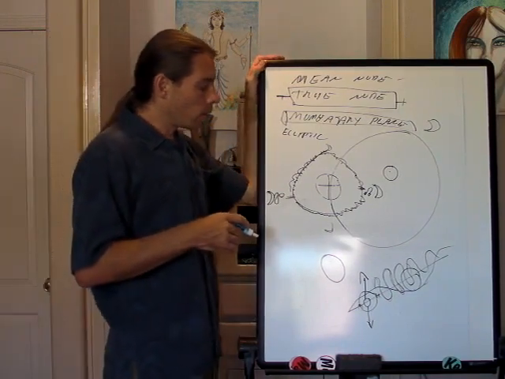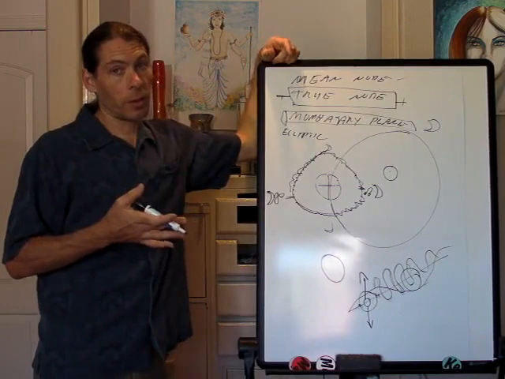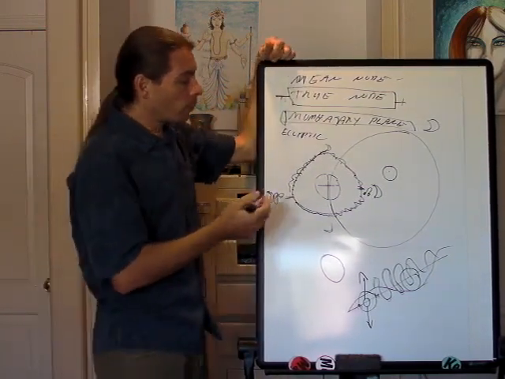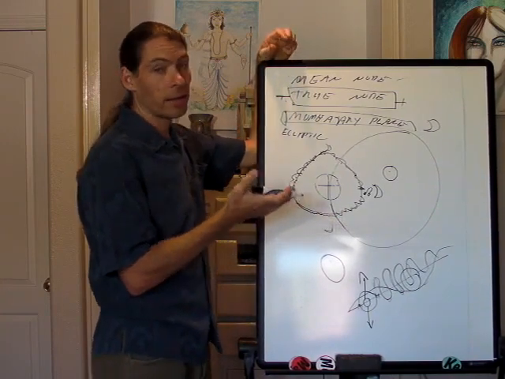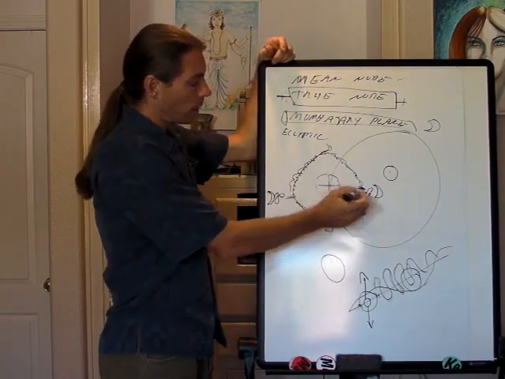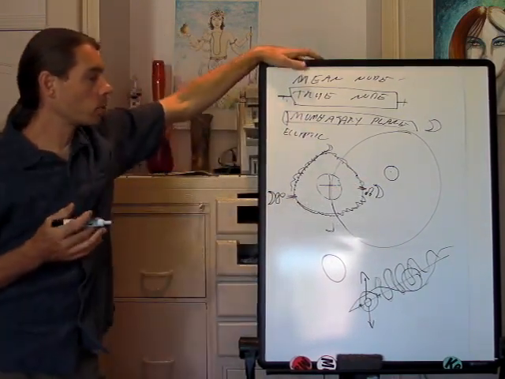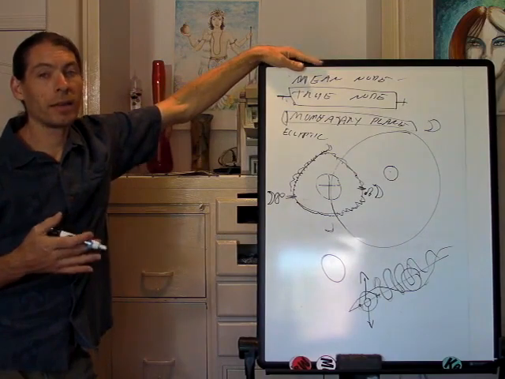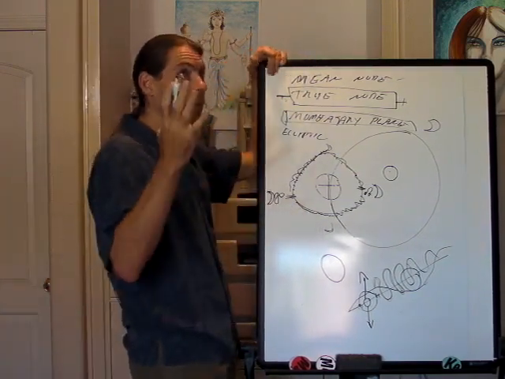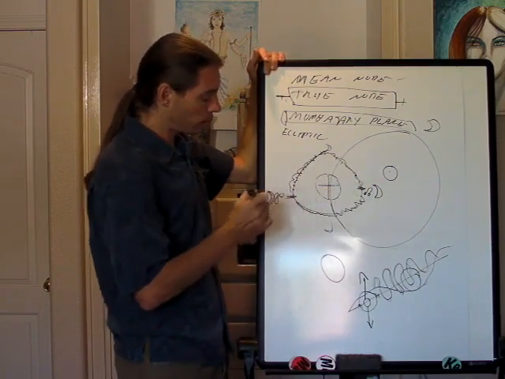Okay, so the problem with calculating the nodes properly, and why there's two different methods in the first place, is because we can only actually find a node right when the moon crosses the ecliptic on Rahu's end and Ketu's end. Any other time we're trying to find a node, we're guessing. The only time they're really true, where they're actually an existing point, is at these two places. Okay?